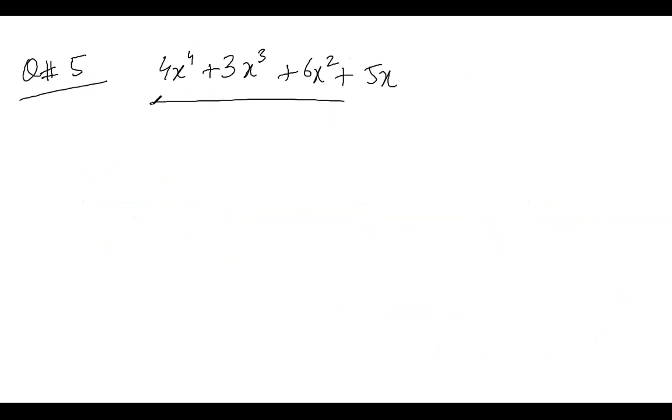Okay. Question number 5 is 4x4 plus 3x cube plus 6x square plus 5x over x minus 1 into x square plus x plus 1 whole square.